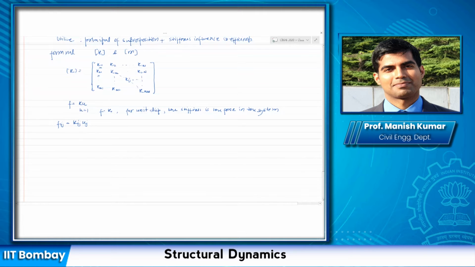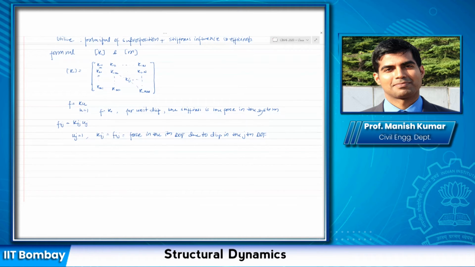In that case, if I have Uj equal to 1, then Kij is equal to the force Fi, which basically says that Kij is the force in the ith degree of freedom due to Uj, which is the displacement in the jth degree of freedom. Can I say that?